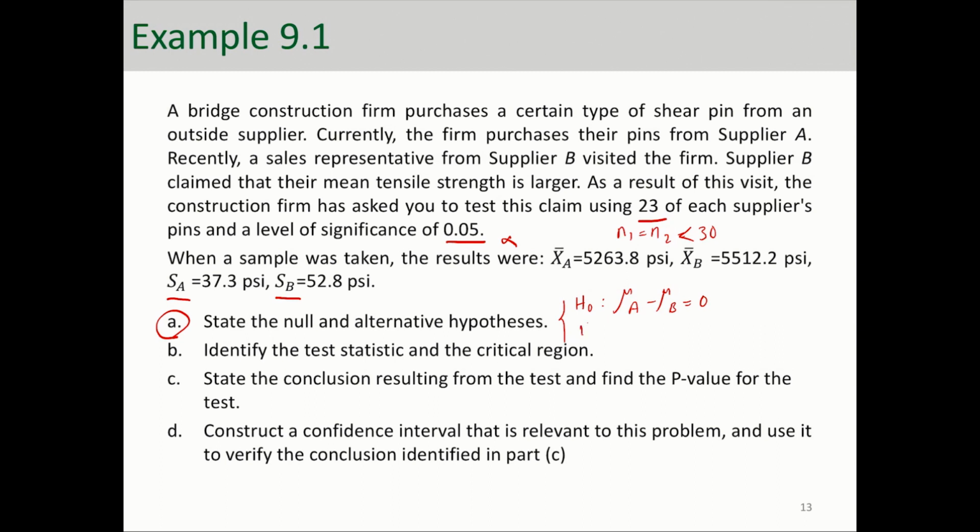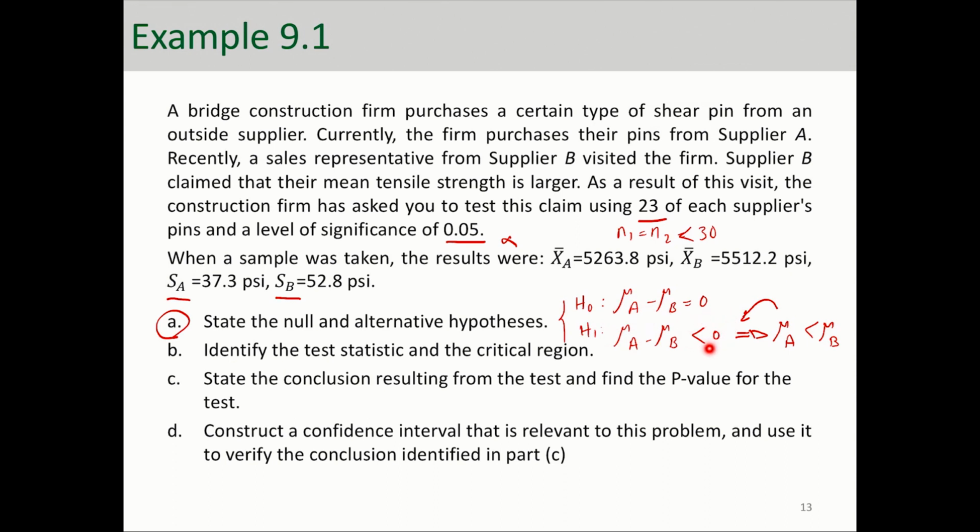And the alternative hypothesis, because we're checking whether B is greater than A, that means this needs to be negative, which is the same as saying mu A is less than mu B. But we would have to write it down in this form to be basically correct and know what type of test we are doing here.